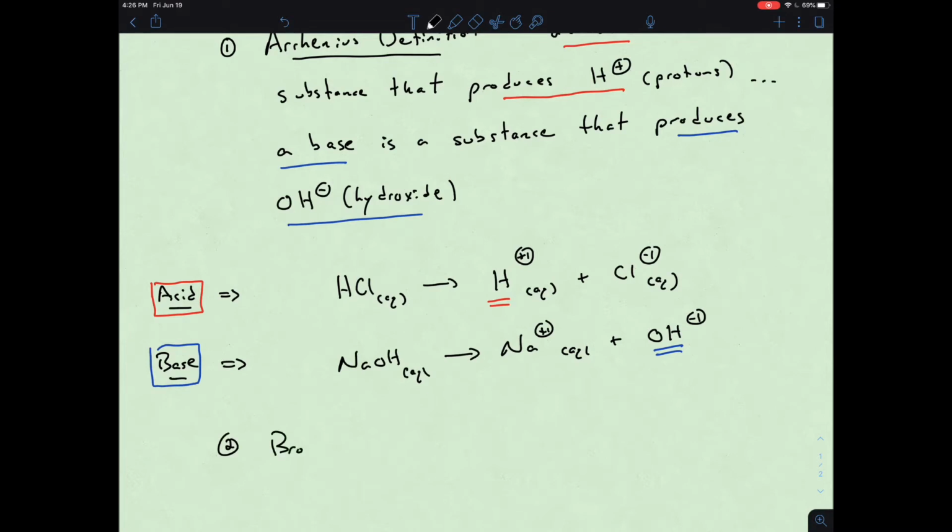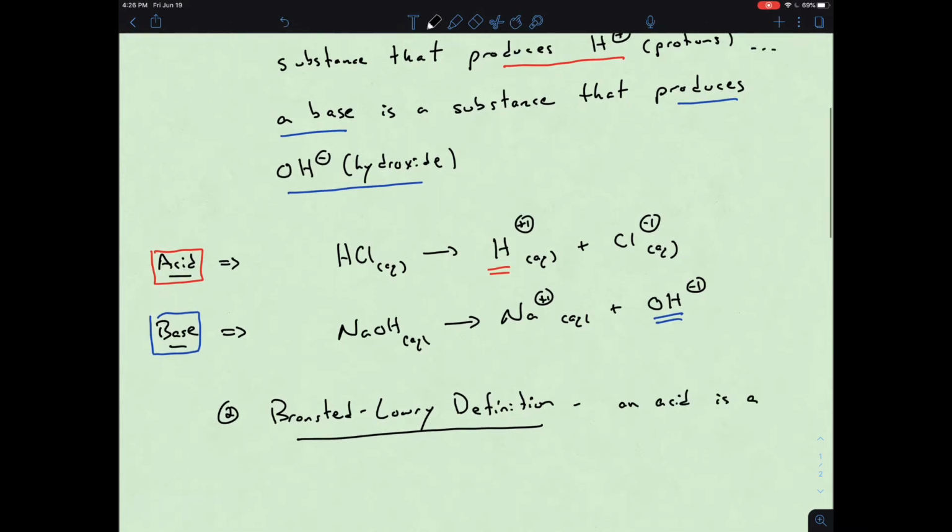The next is the Bronsted-Lowry definition. The Bronsted-Lowry definition basically says this: an acid is a substance that is a proton donor.